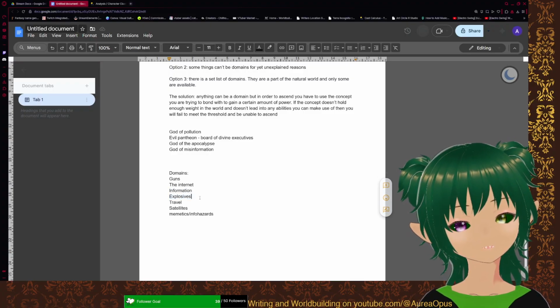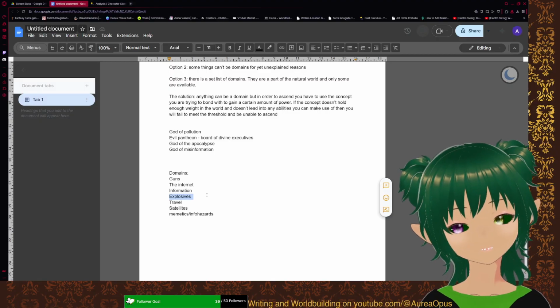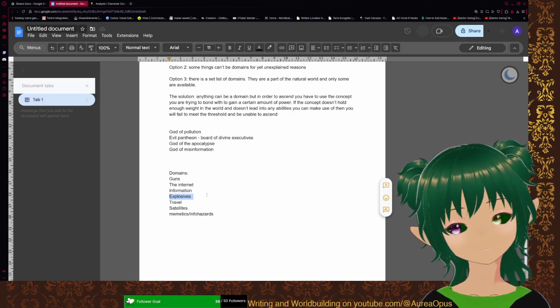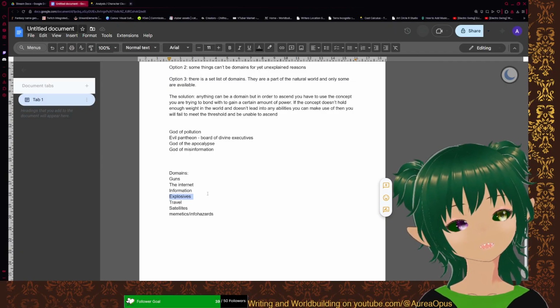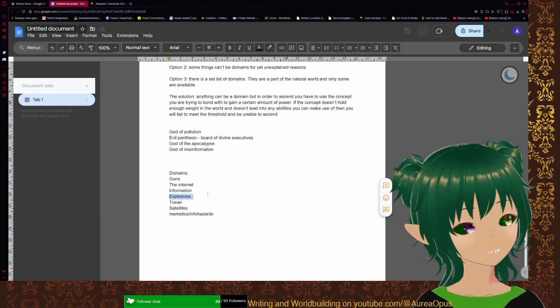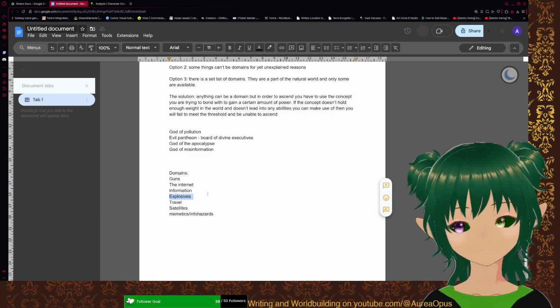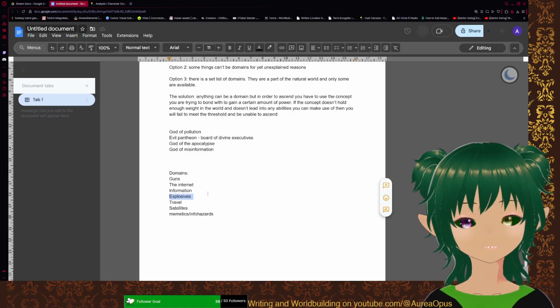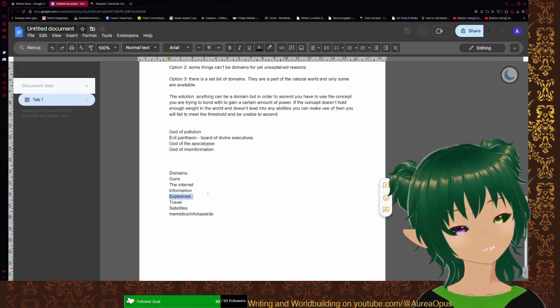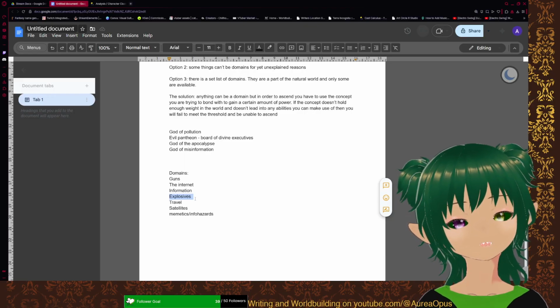God of explosives, is that similar to artillery, just a little bit too limited? If I had written God of bombs, I feel like it would obviously be a concept with enough weight, just because of like nuclear weapons. But then bombs are explosives, nuclear weapons fit under this, and yet it feels like reaching.